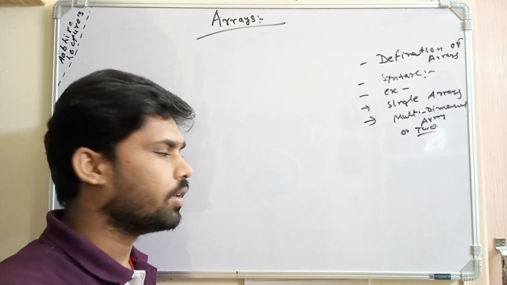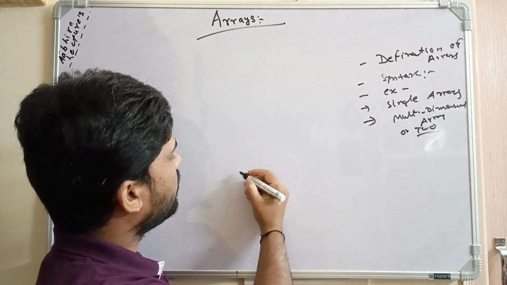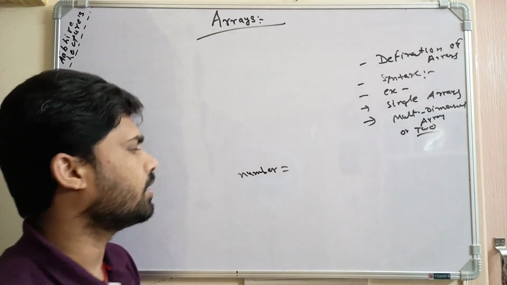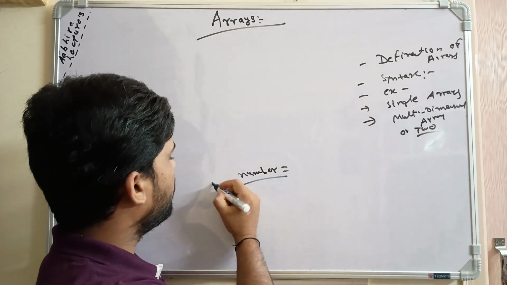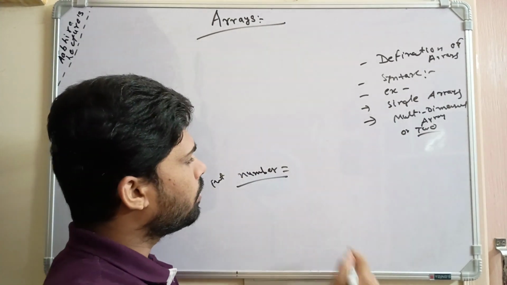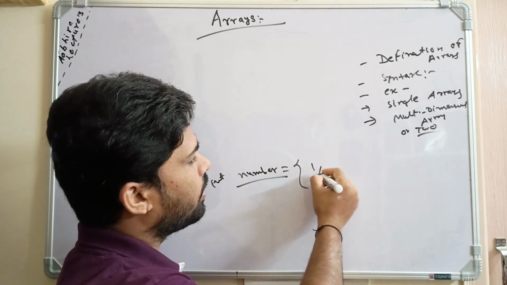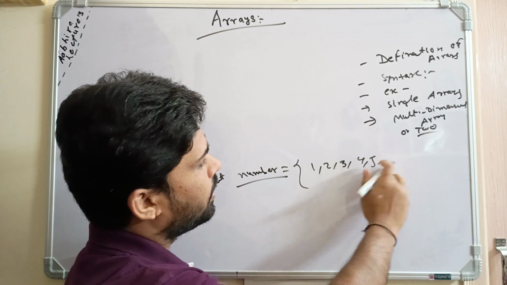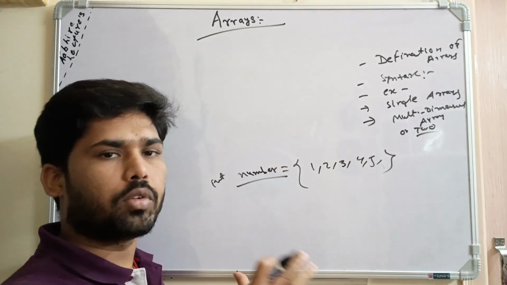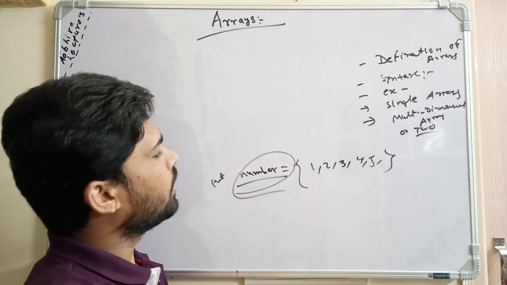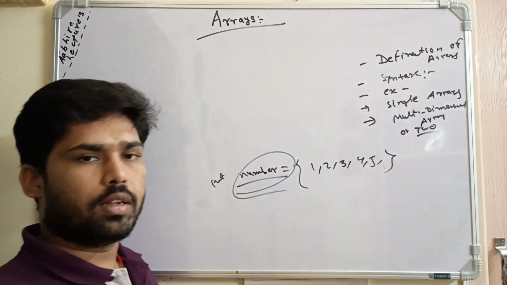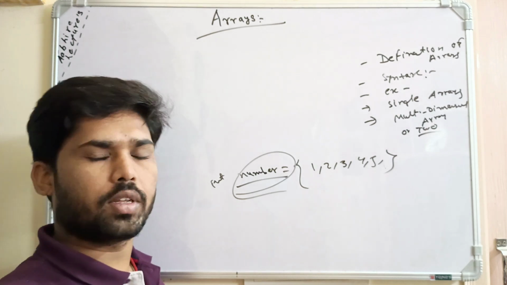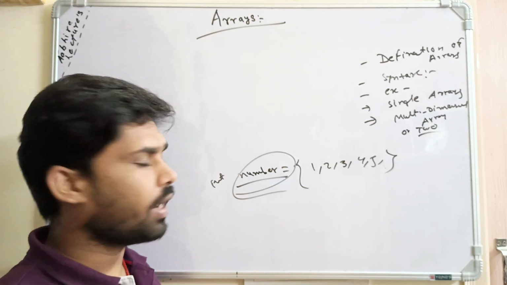Like if we are creating an integer variable, this is the variable I created, as a number, with the data type. So the same data type, whether it is integer, we have to store in a single variable. It means an array is a collection of elements stored continuously in memory.